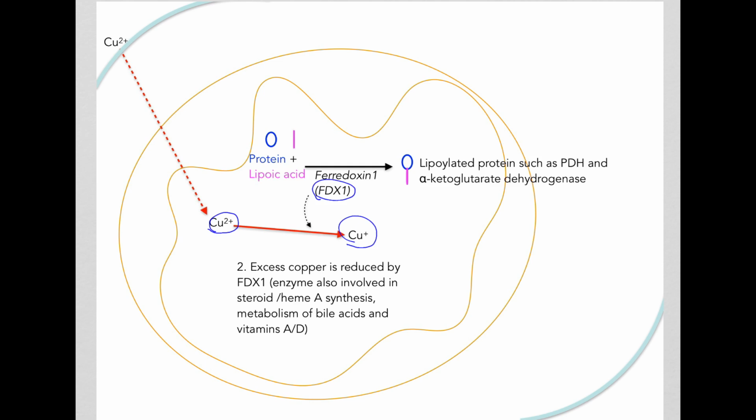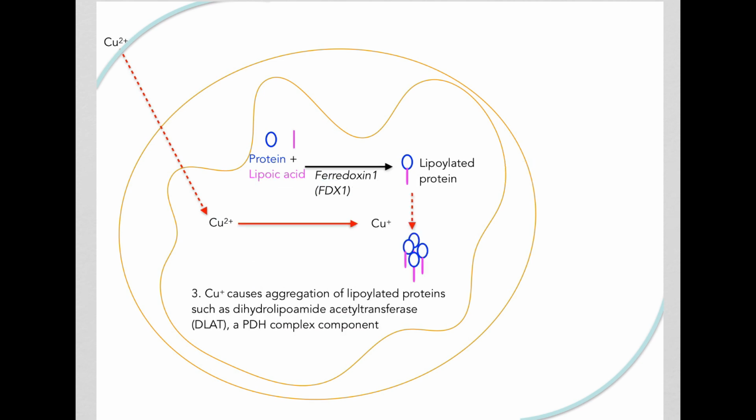So besides helping in lipoylation of proteins, FDX1 is also involved in steroid as well as heme A synthesis, metabolism of bile acids, and vitamins A and D metabolism. So when FDX1 converts Cu2+ to Cu+, now Cu+ accumulates, and this Cu+ can interact with these lipoylated proteins and cause aggregation of them.